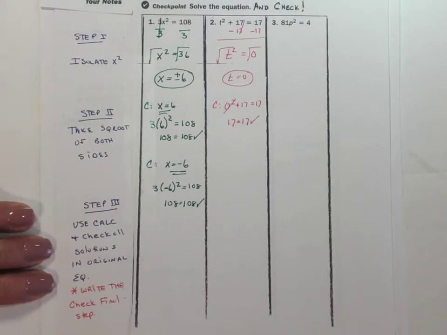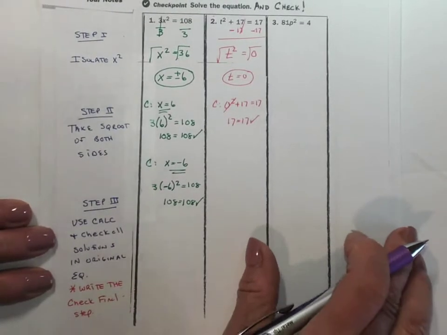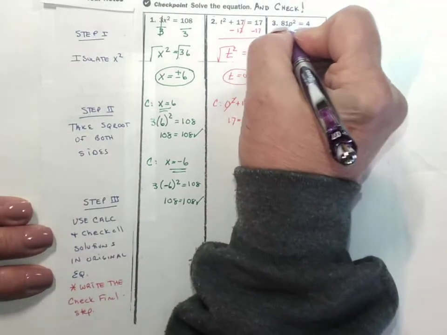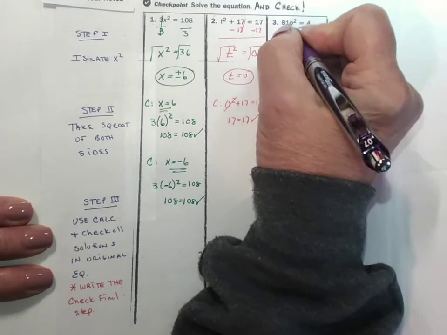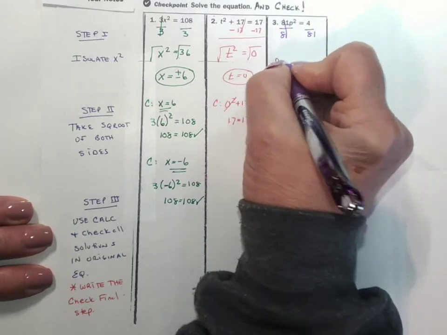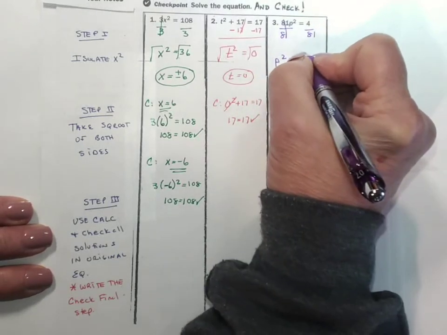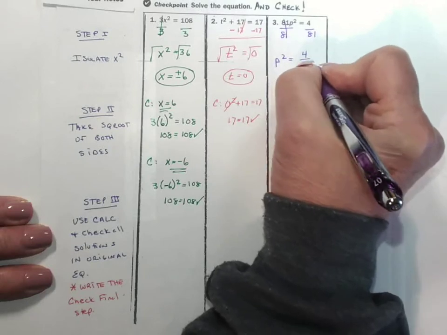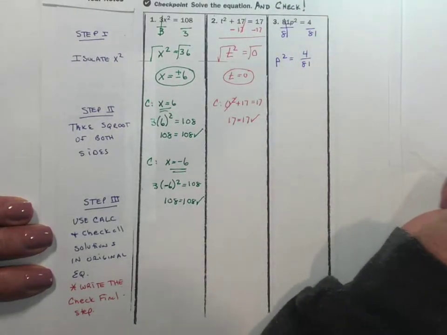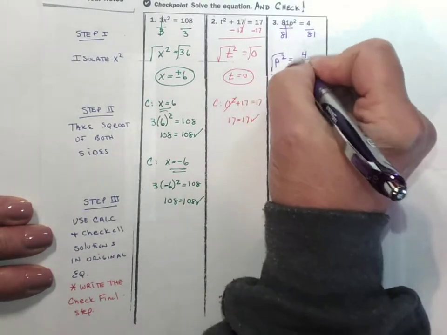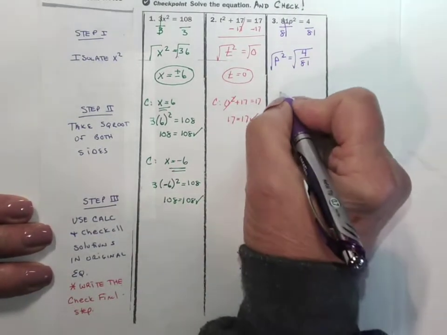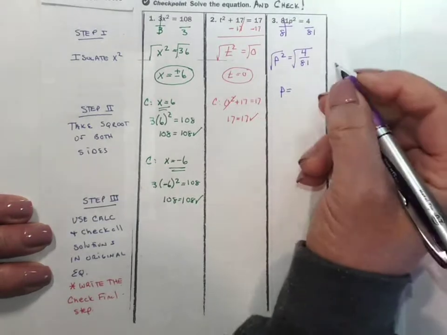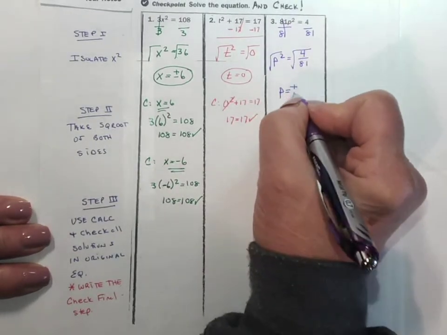All right. The third one, we divide both sides by 81. We're going to get p squared equals 4 over 81. We take the square root of both sides, and we get p equals plus or minus.